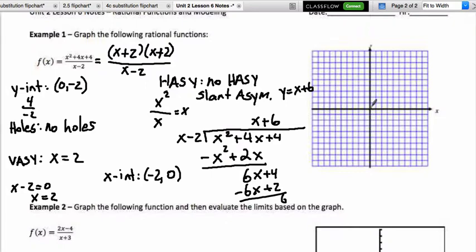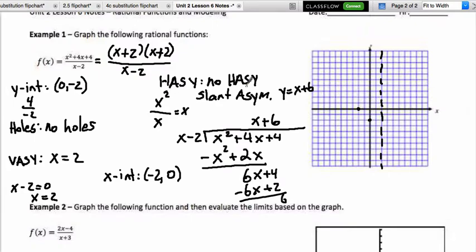So we have 0, negative 2. We also have a vertical asymptote at x equals 2. So we'll go to x equals 2 and draw in a dashed line. And then we have an x-intercept at negative 2, 0.